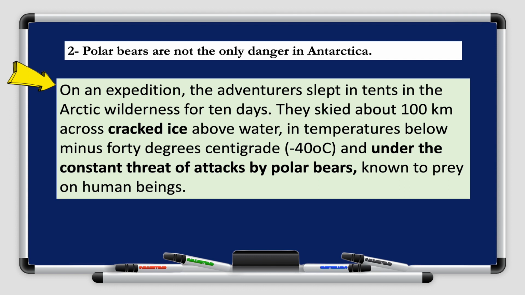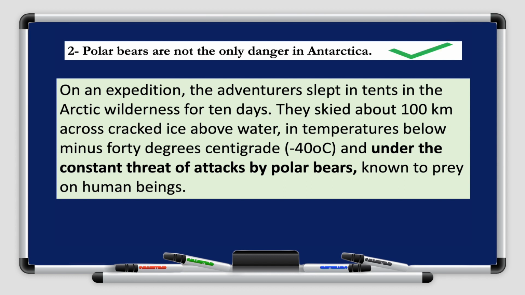The question says, polar bears are not the only danger, are they? Yes, the statement is correct. The constant threat of attacks by polar bears and also the temperatures which are below minus 40 degrees centigrade.